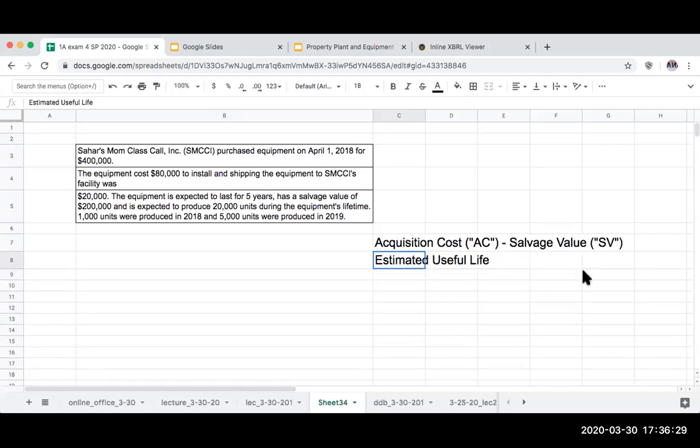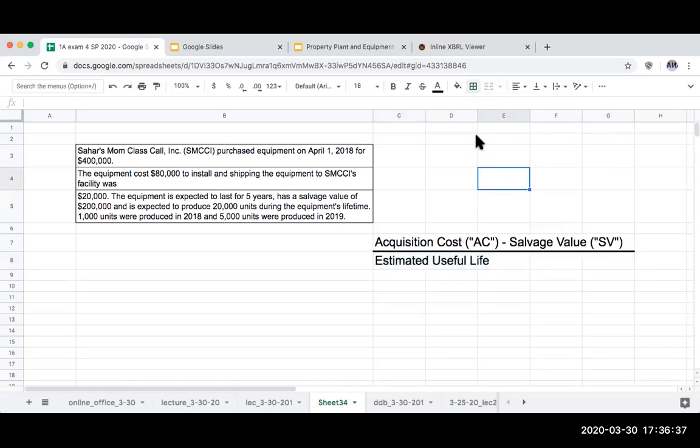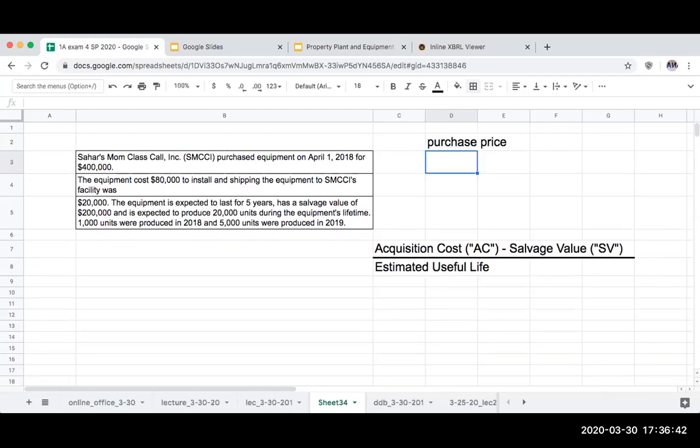So what exactly is the acquisition cost? The acquisition cost is that cost in order to get that asset ready for its use. So what it's going to include here will be the purchase price, which happens to be $400,000. It's also going to include the installation and the shipping costs.